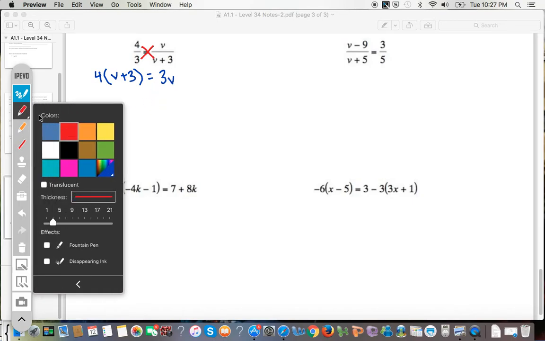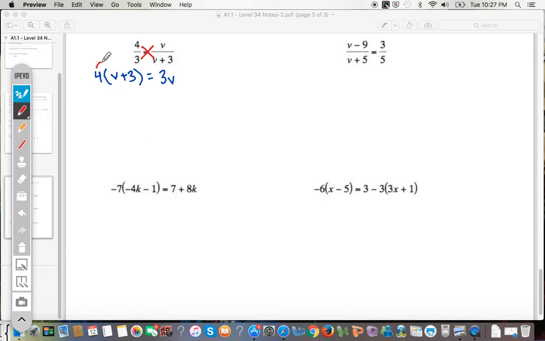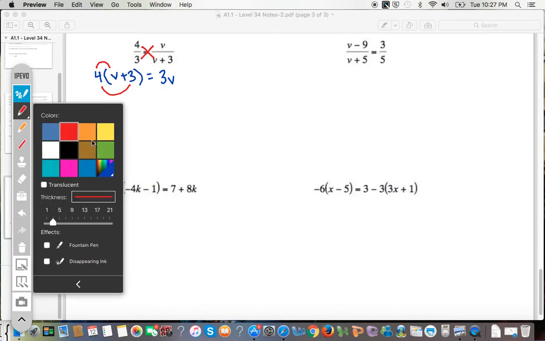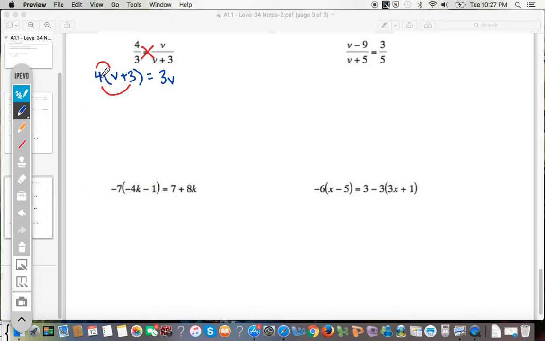At this point, I'll switch my marker. I know I have to distribute, so I'll draw my lines. Okay. So I have 4 times v, which is 4v, and I have 4 times 3, which is positive 12. Of course, on this side I have 3v. Great.